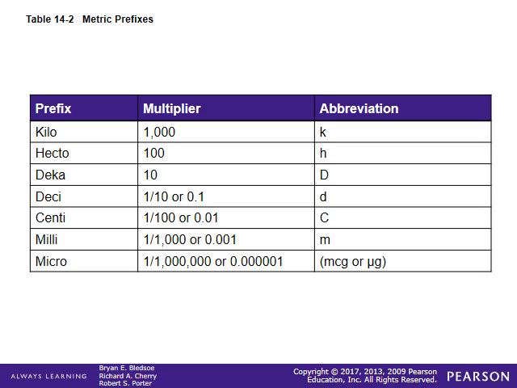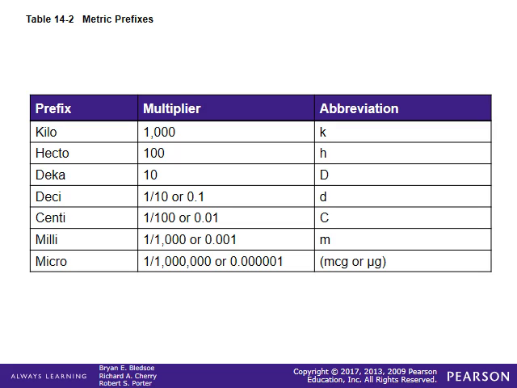And then as we go up from there, we look at decigrams, which is 0.1 grams, or decagrams, which is 10 grams. So when we look at the metric system, we always move in increments of 10 times the previous one.